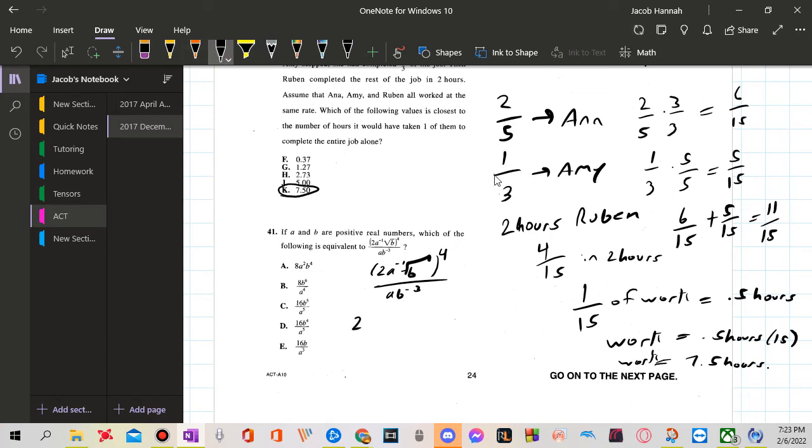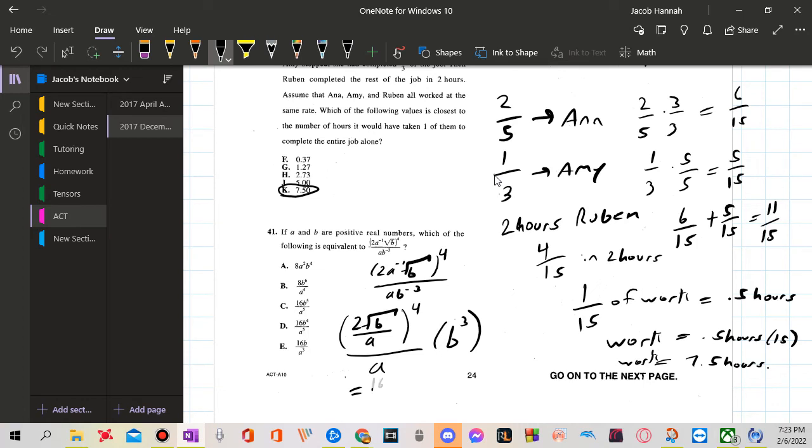Let's rewrite as 2 square root of B over A to the 4th power divided by A times B cubed. So that's it rewritten. We times this up here.